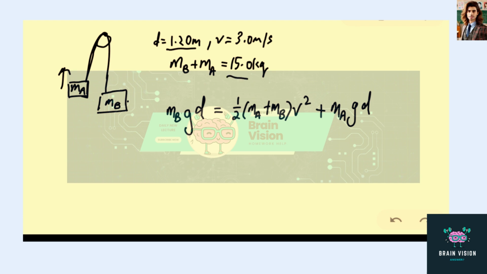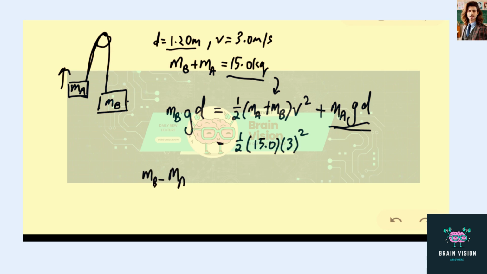We put in the values that we know. So this is 15 kilograms, and we know that our velocity is 3. We bring this expression to the left hand side.